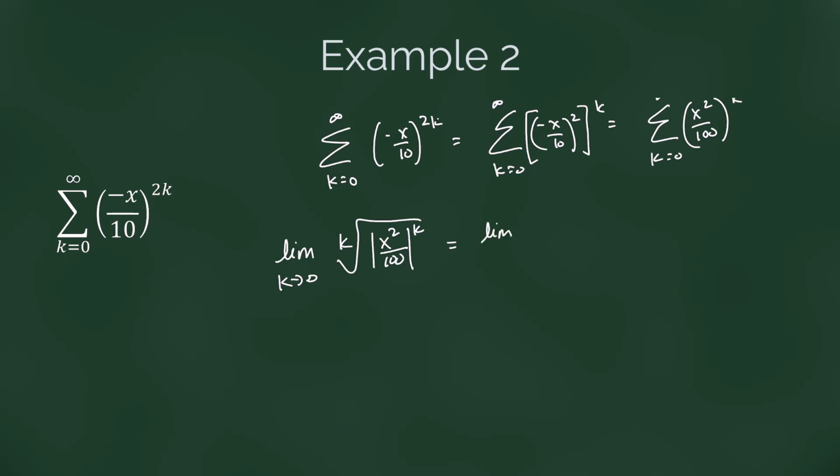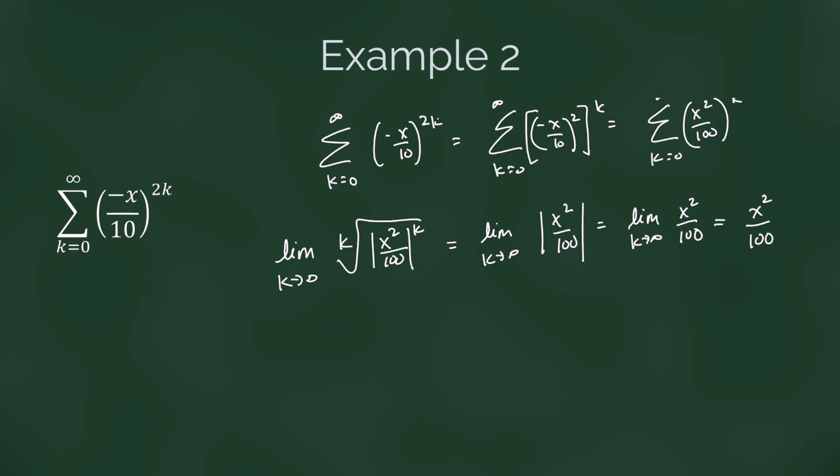That is the limit as k goes to infinity of the absolute value of x squared over 100, but those terms are always positive, so this is the limit as k goes to infinity of x squared over 100. That limit equals, because it has no k's in it, x squared over 100.